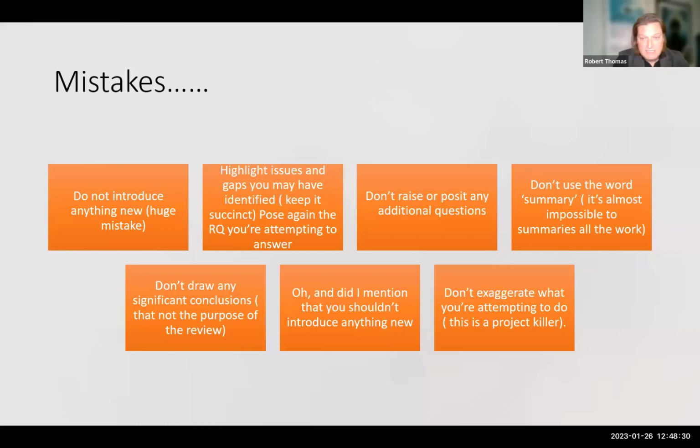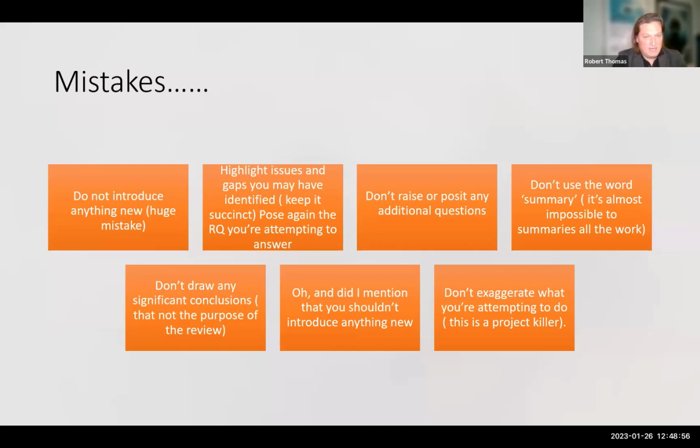So some of the mistakes that people make when writing a conclusion: don't introduce anything new. No new theories, no new authors, no new concepts, okay? Don't raise any additional questions beyond your research question. That's a killer. Please don't do it. And actually, don't use the word summary, okay? Because it's almost colloquial, it's not particularly academic, okay?